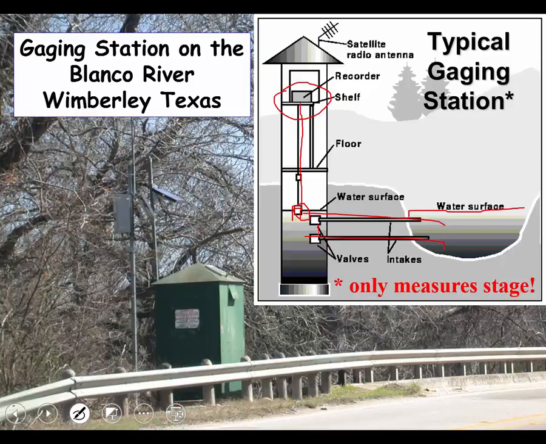So the water in that little shed is going to rise and fall with the stage of the river. It is recorded and is then sent to somebody who cares. And the point here is that explains how we could get a stage hydrograph.